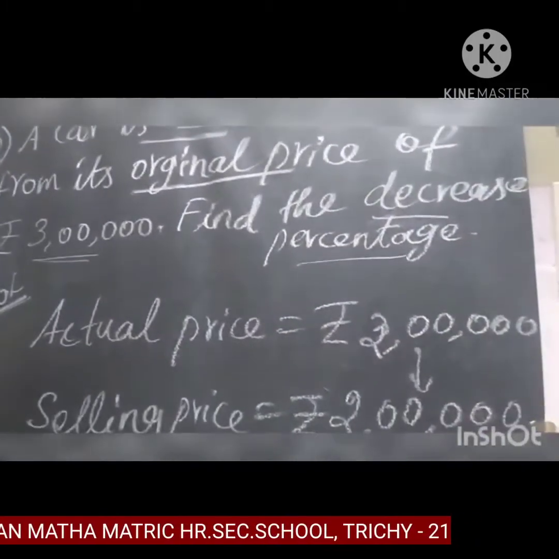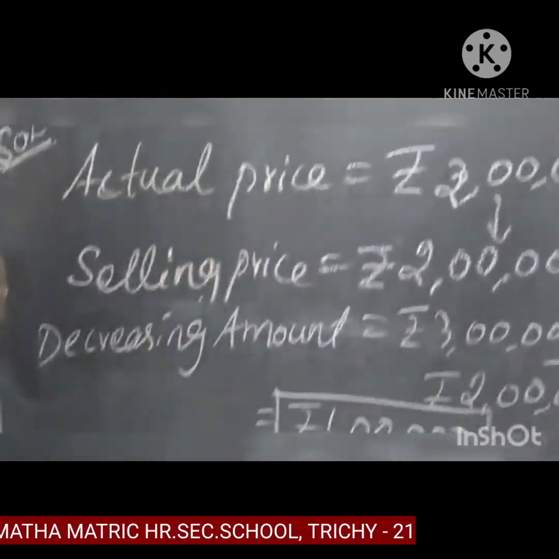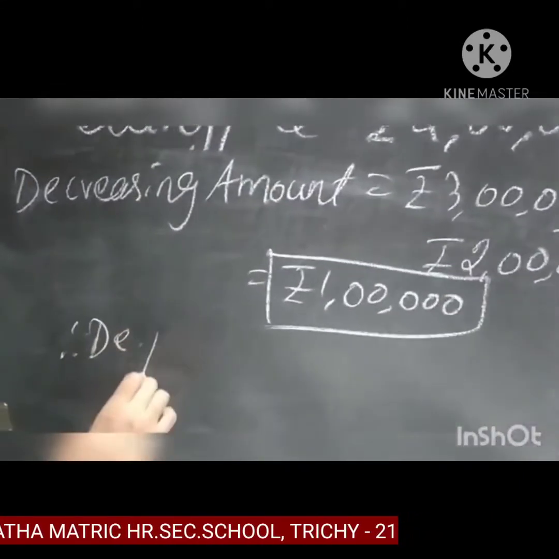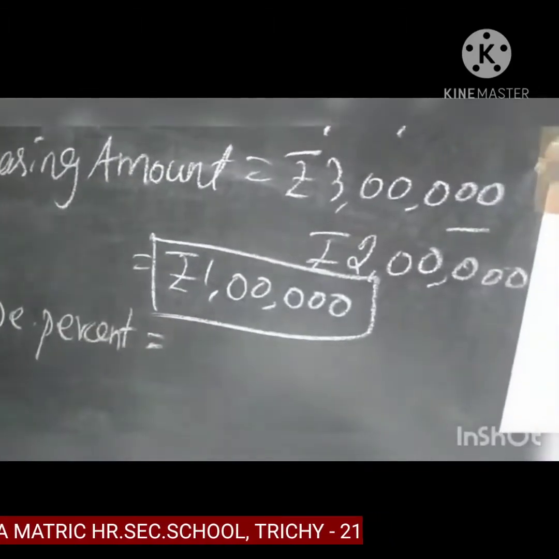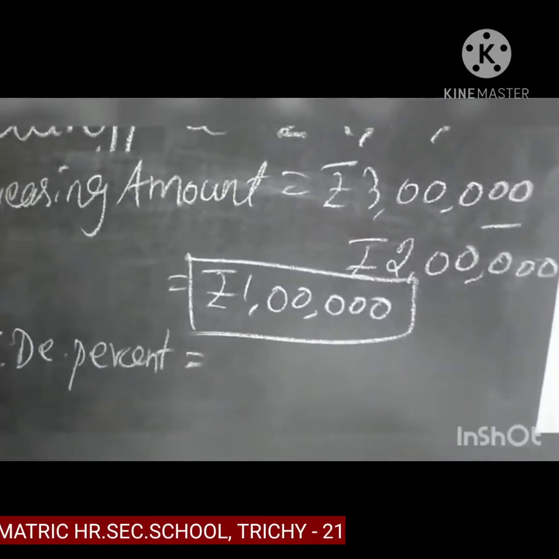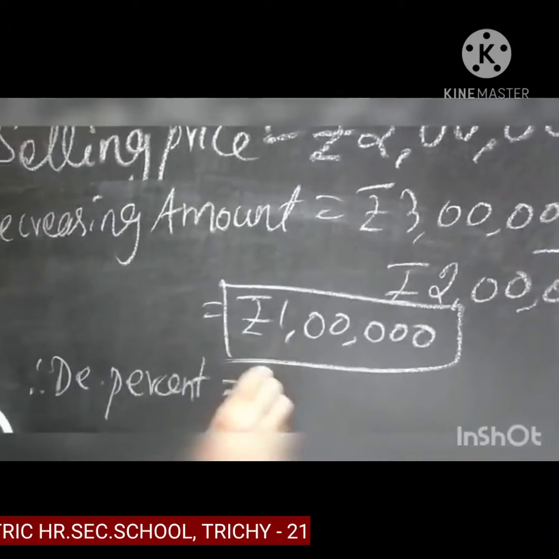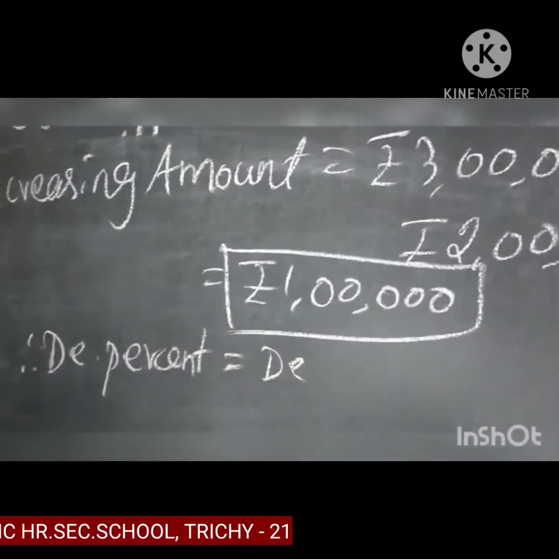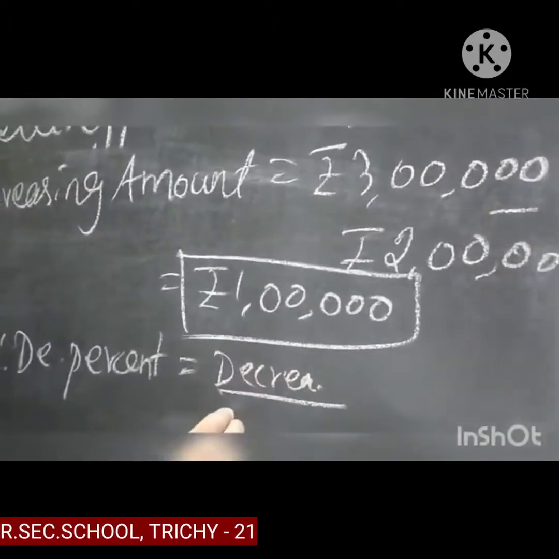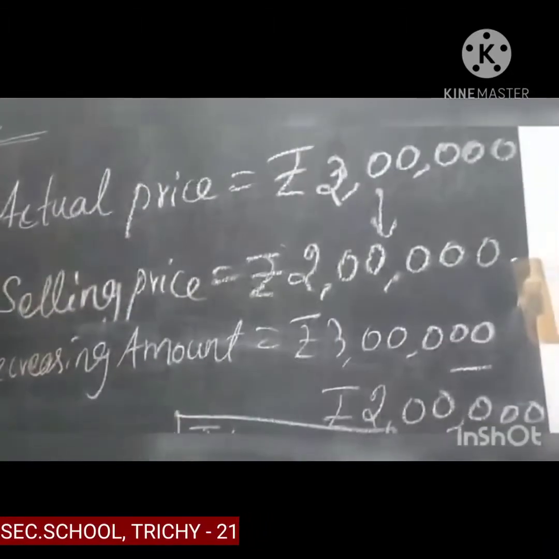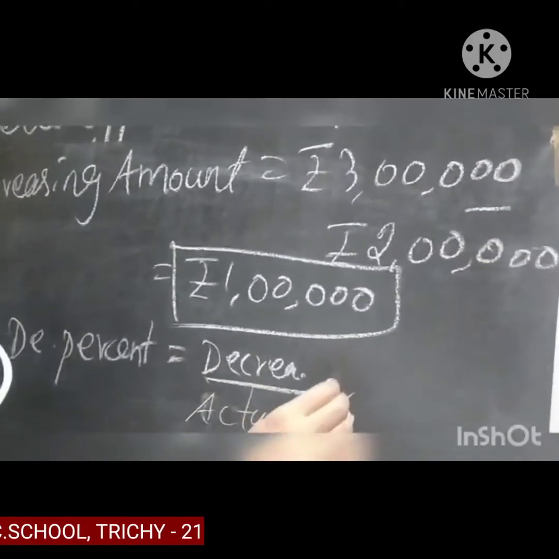So you have one formula for that. Decrease percentage equal to, formula for this decreasing percentage: decreasing amount divided by original value into 100. So this one is the decreasing value divided by original cost, that is actual rate, into 100.